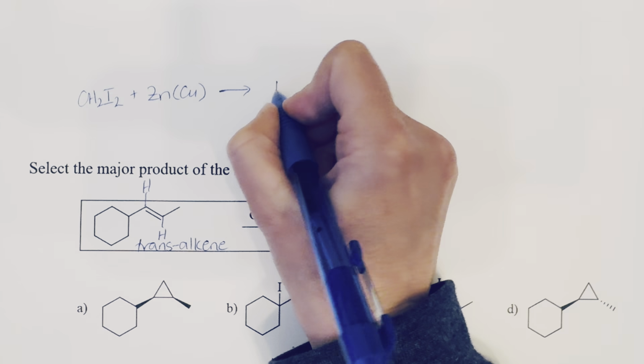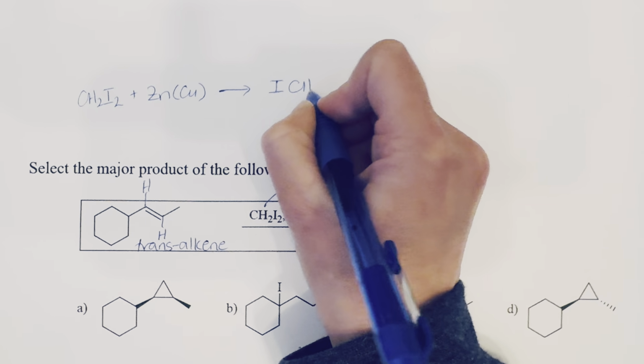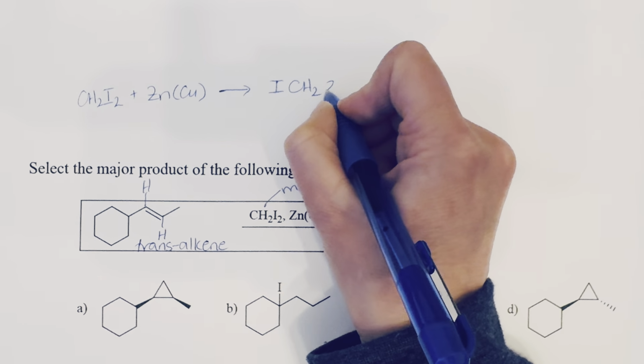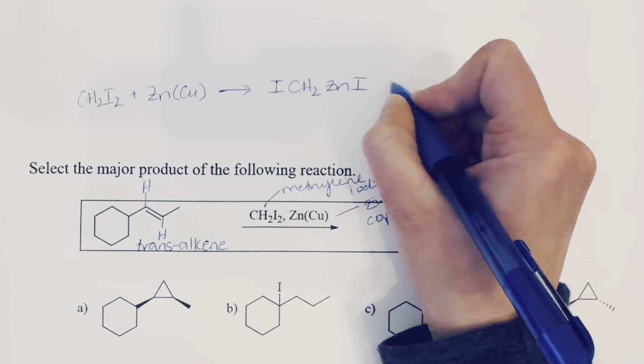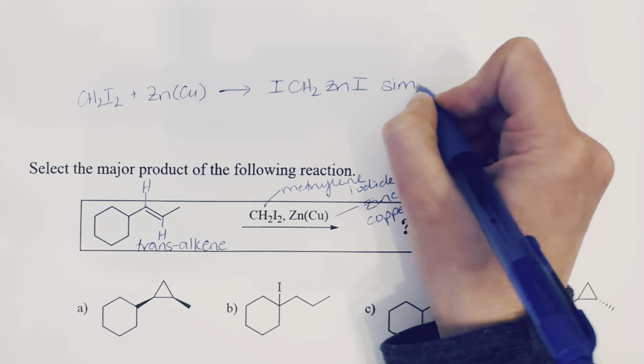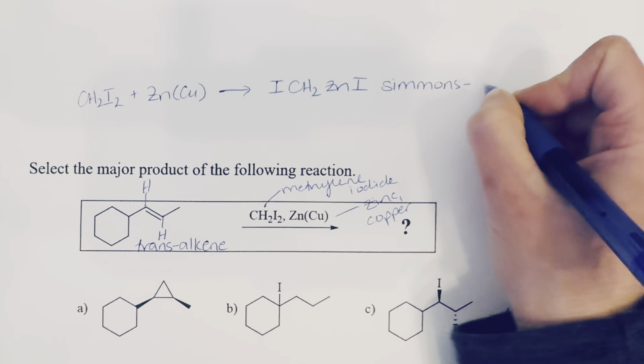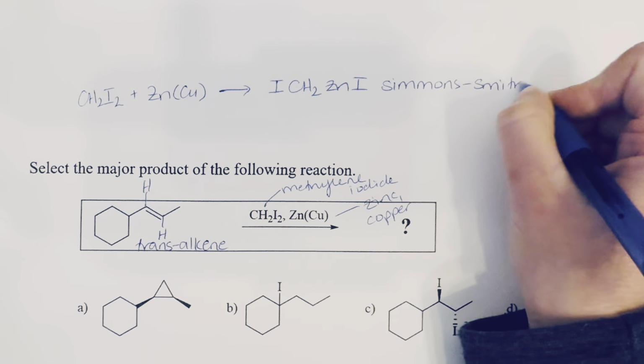So it is going to have a structure of an iodine, CH2, the zinc, and a second iodide. And so, as I mentioned, this is known as the Simmons-Smith reagent.